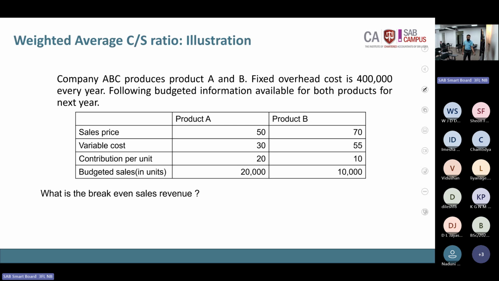So here, first we need to identify the contribution. Contribution per units provided 20 plus 10. They asked to calculate the break-even sales revenue. So what is the weighted average CS ratio?